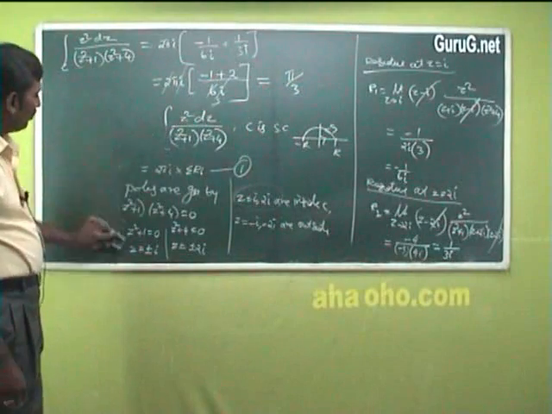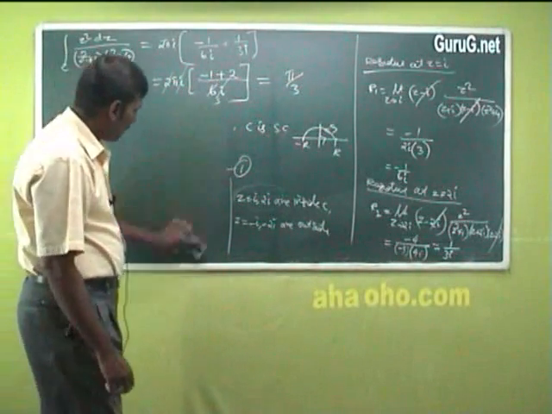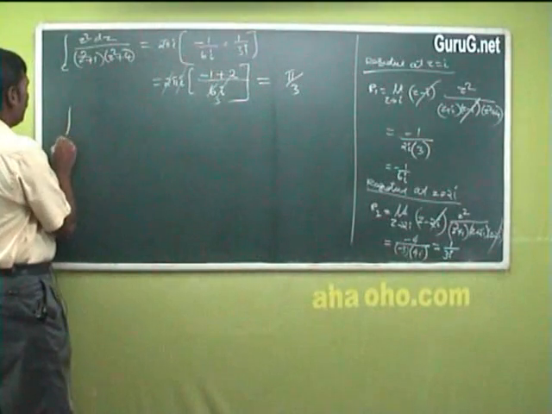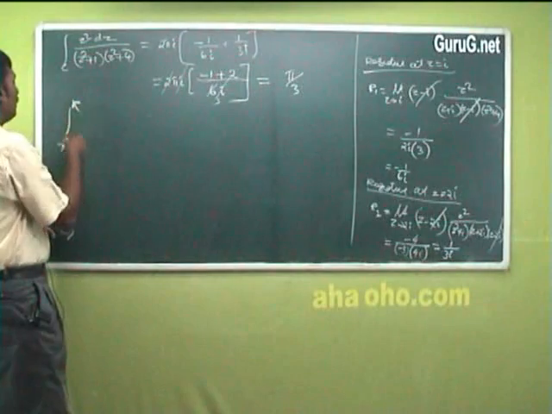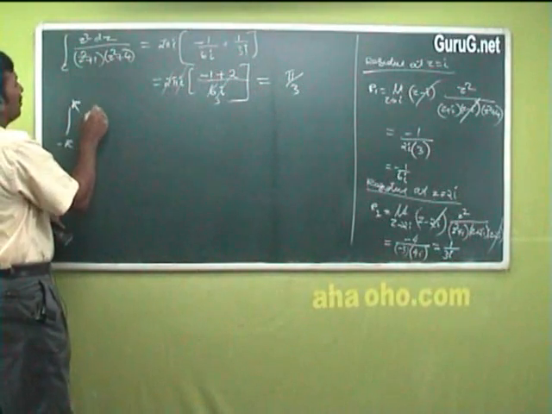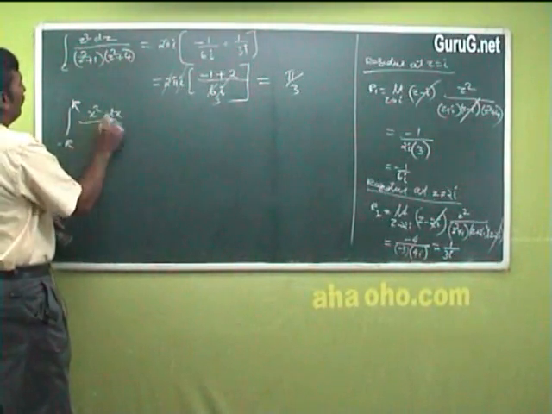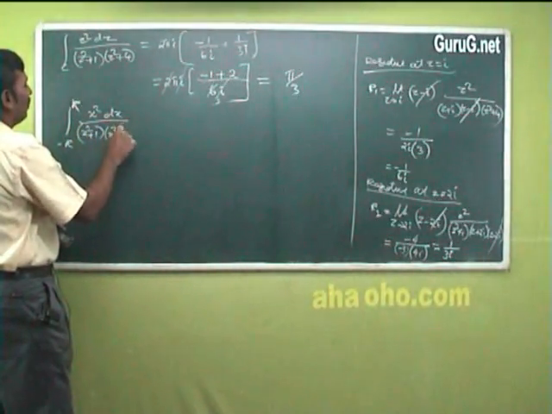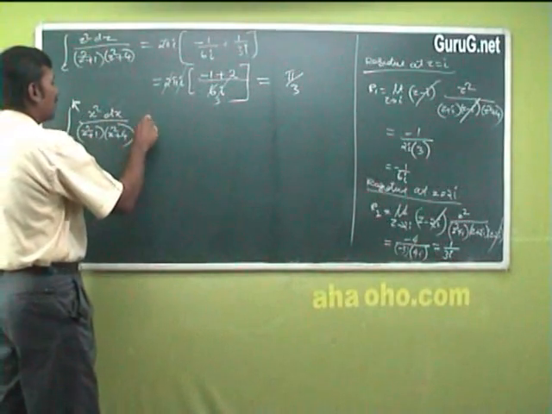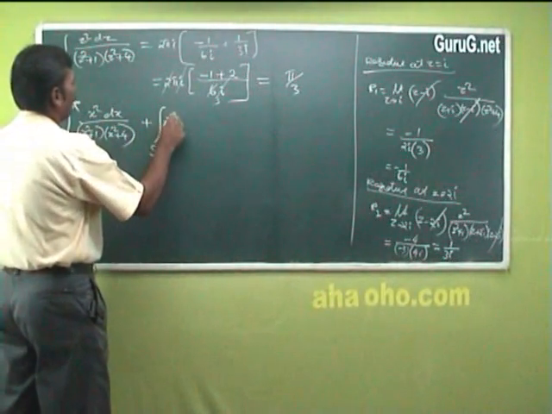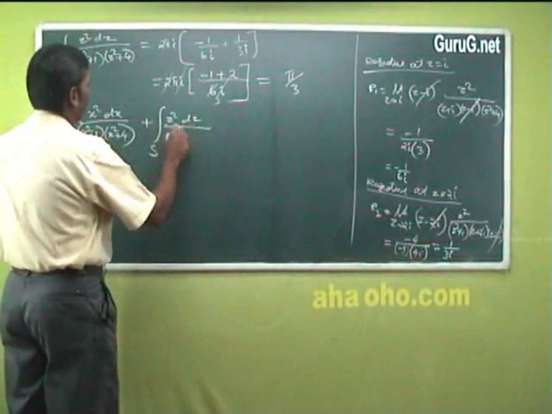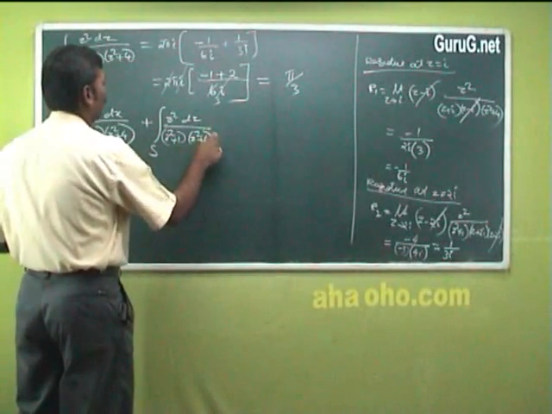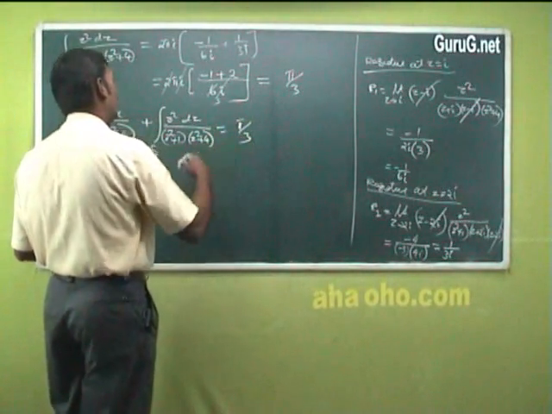So now you can replace C by C1, integral minus R to R. In this integral z is x, so x squared dx by x squared plus 1 into x squared plus 4, plus the integral over S of z squared dz by z squared plus 1 into z squared plus 4 equal to pi by 3.